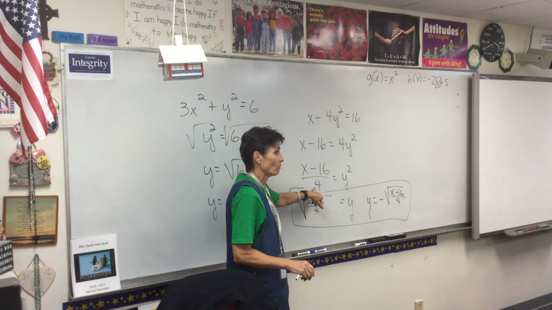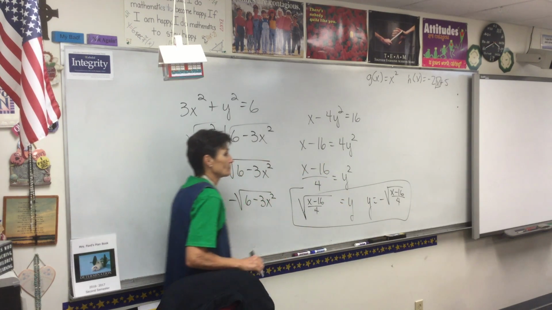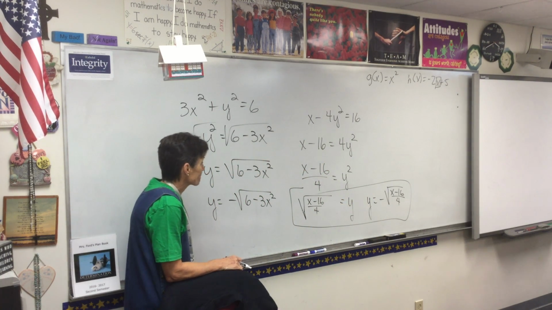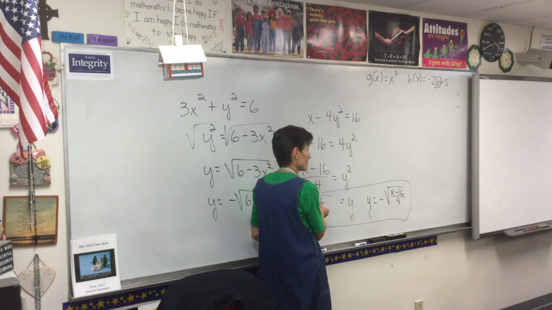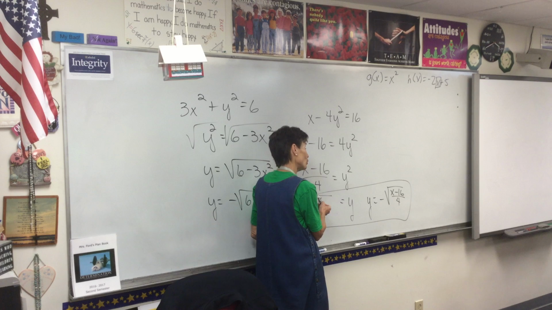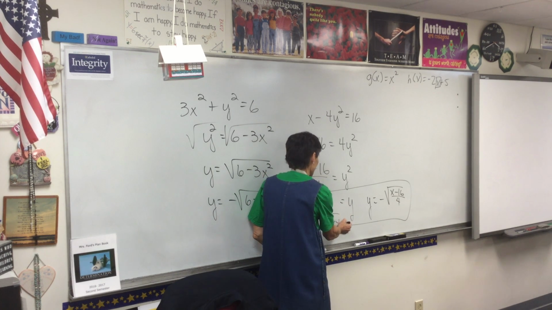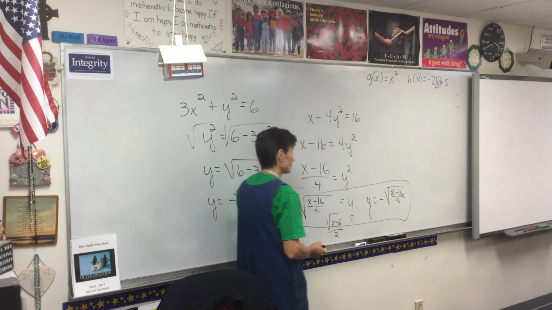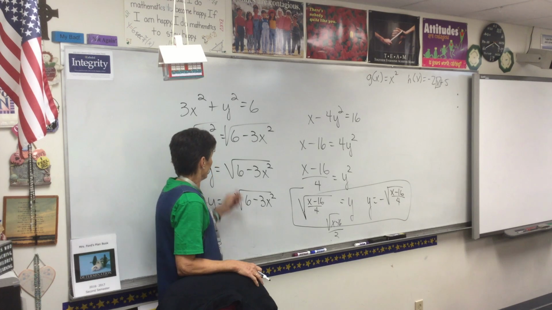Then I divided by 4, and then I took the square root. No, you cannot take the square root because of the minus. Now, you could if you wanted to, and I wouldn't suggest it because we're going to graph these on our calculator, but you could make this the square root of x minus 16 over 2. But I would just leave it like this to put it in my calculator.